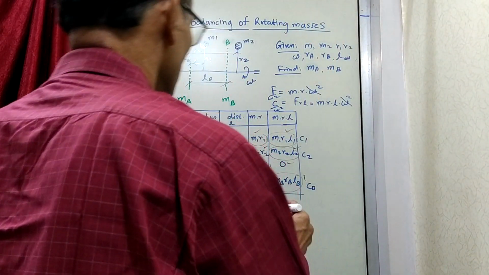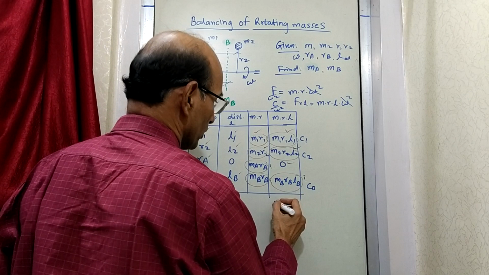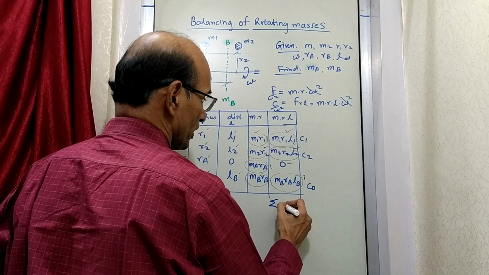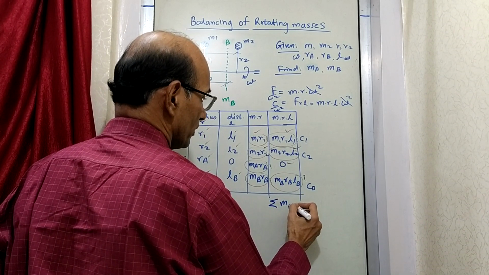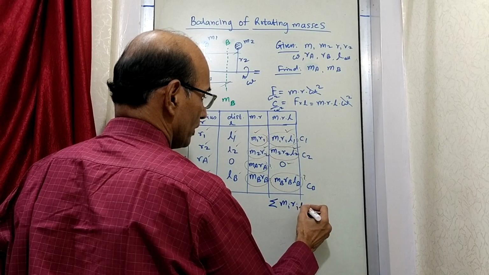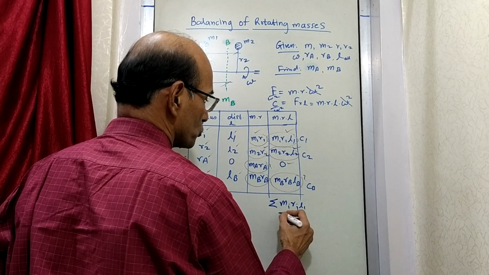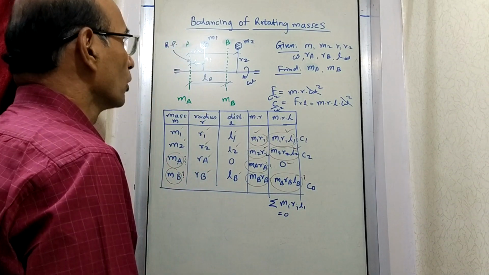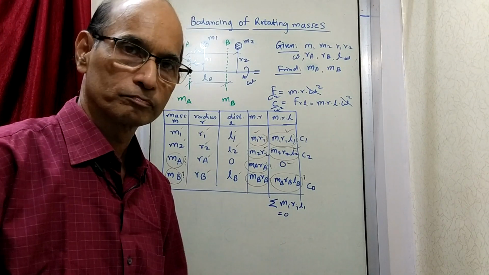So we find the summation of M I, R I, L I, and we want this to be 0.